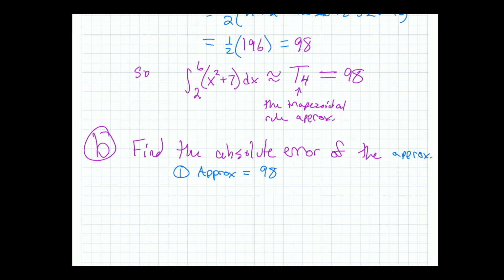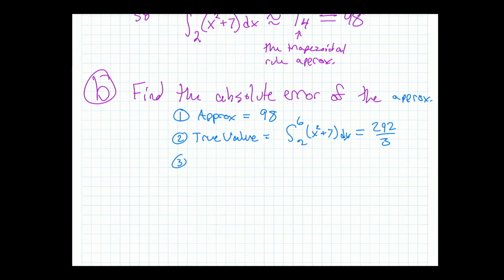So the approximation is 98. The real thing, the true value, is the integral from 2 to 6 of x squared plus 7 dx, which is 292 over 3, just from the computer, right? You can easily do that by hand.